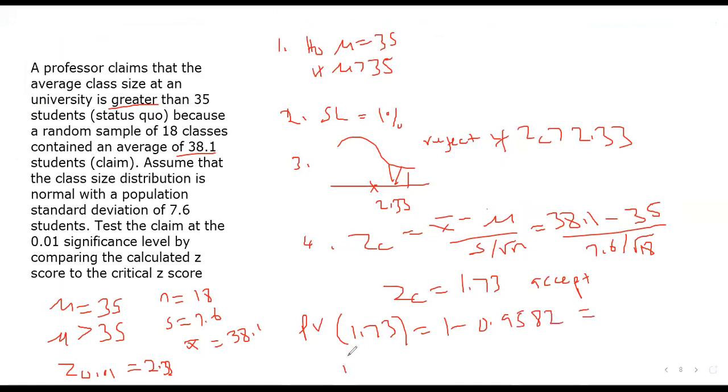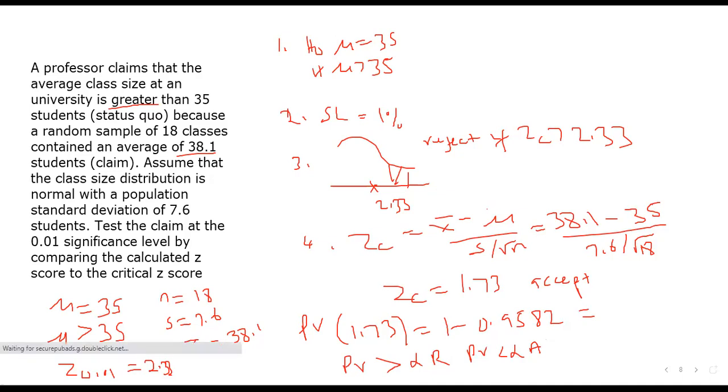So the p-value is greater than alpha. What do we do? It's the opposite for the p-value. We reject. If the p-value is less than alpha, we accept.